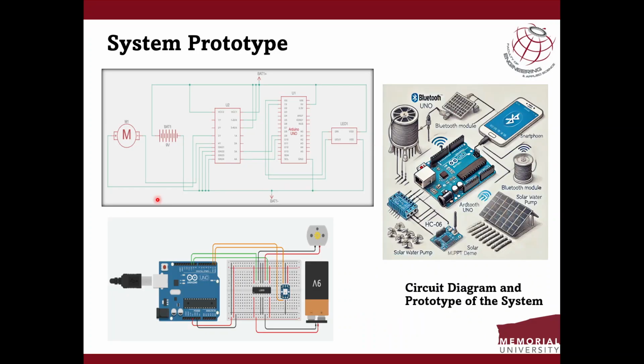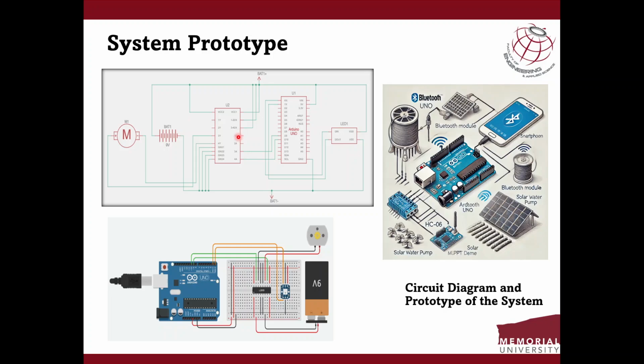And this is the prototype design for our remote control system. The first picture shows the connection diagram, I mean the circuit diagram for this system. Here is the motor, which represents our submersible pump, and the batteries.